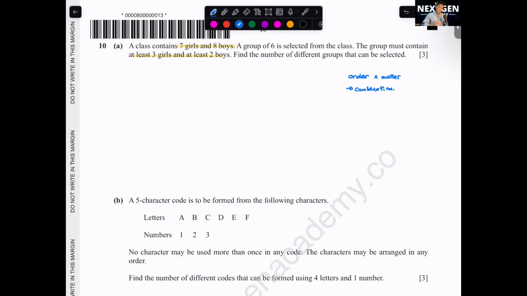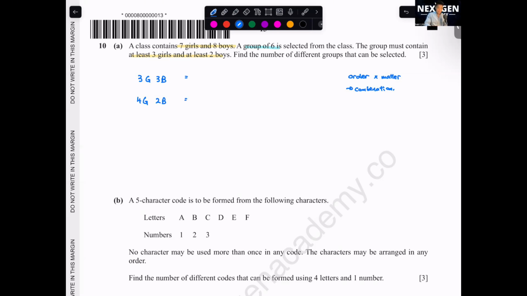What are the different ways that we can form this group? At least 3 girls and 2 boys, and you need a group of 6. We can have 3 girls, 3 boys. We can have 4 girls, 2 boys. No more, because you need at least 2 boys. Any other different way of forming the group?